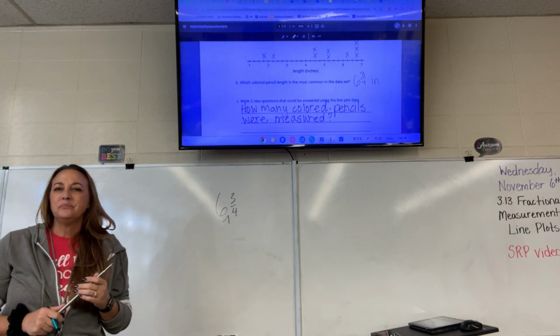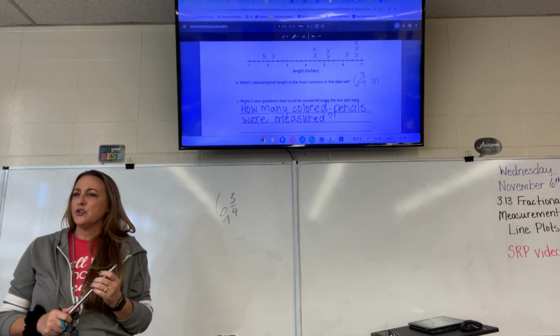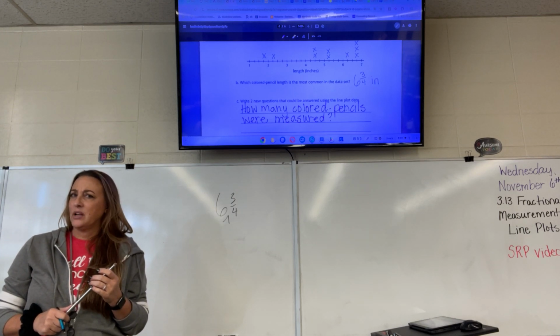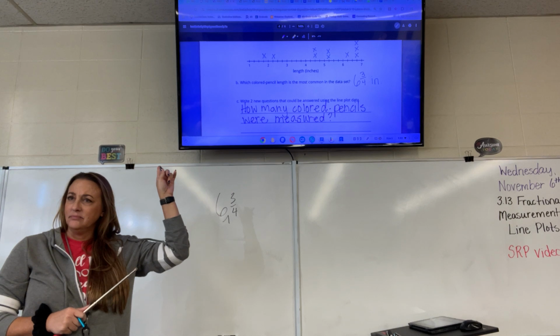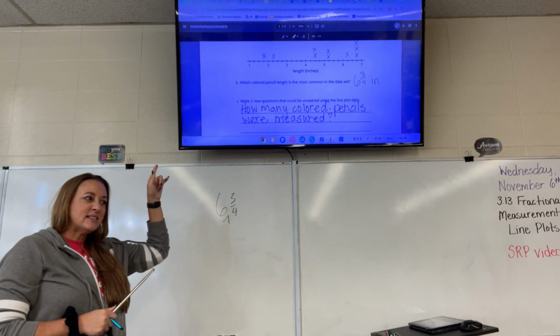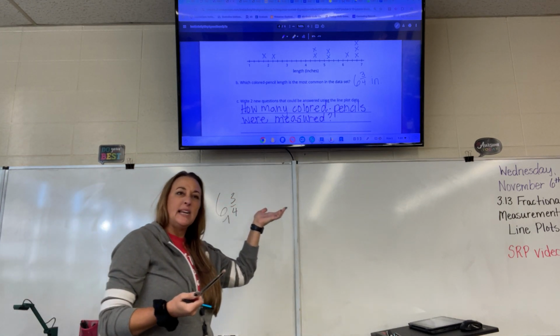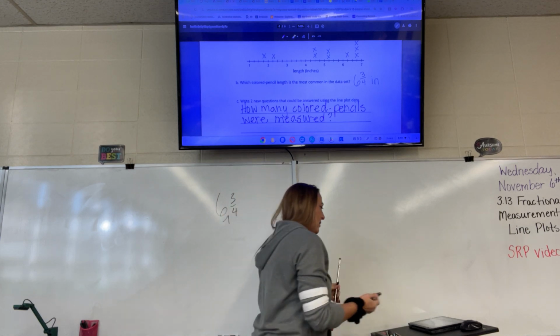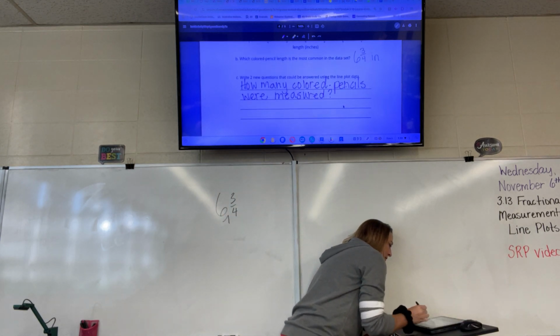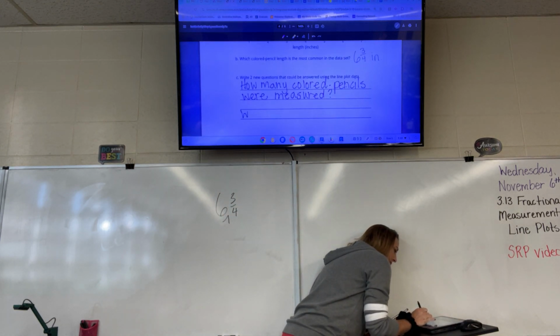What about what's the shortest pencil measured? Could we determine that? Yeah. Does that make sense? What's the shortest pencil length that was measured? Okay, so let's write that down.